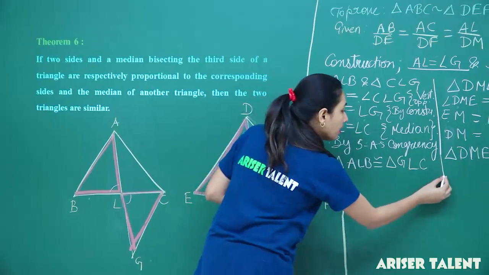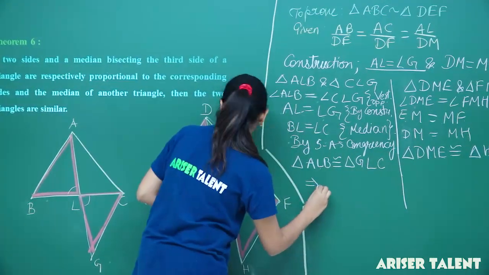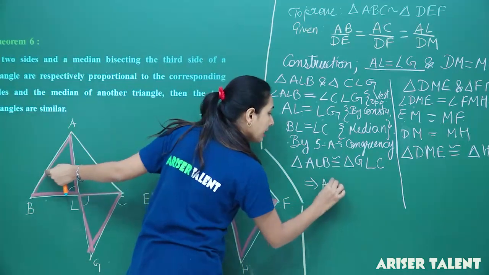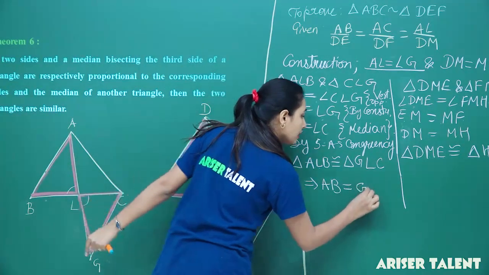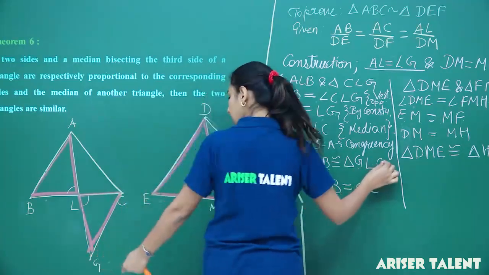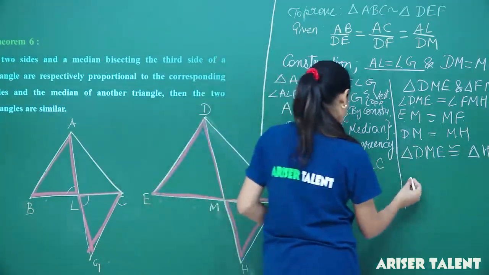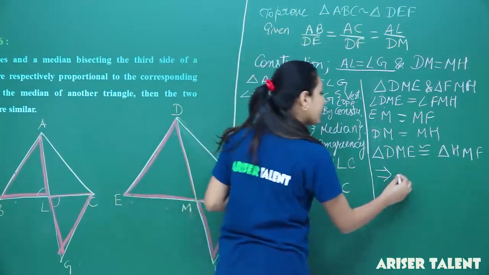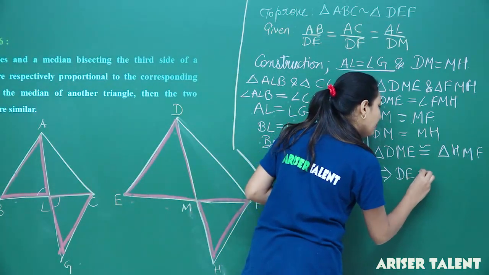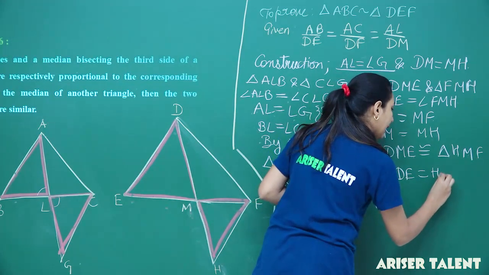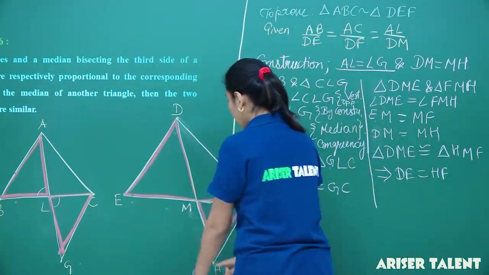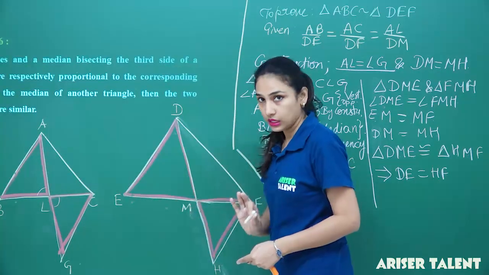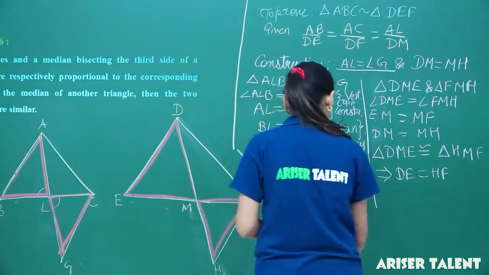So I can simply write, this implies AB equals GC, and GC is here. Now this implies DE equals HF. So this is equal to this and this is equal to this, right, student?